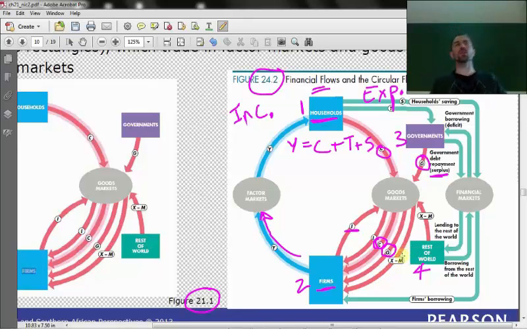So when we want to measure GDP, when we want to know how much stuff has been produced in an economy, we can either look at how much was sold, or we can look at how much income was earned. Okay? So we can measure GDP either by calculating all the income, or we can do it by calculating all the expenditure. Either way, we should end up with the same number.